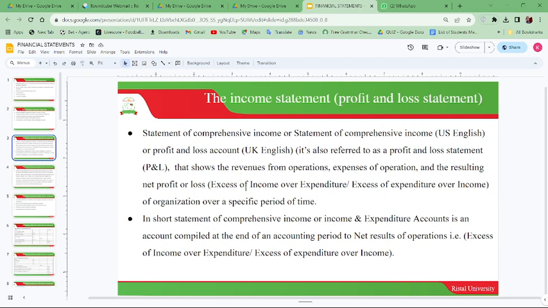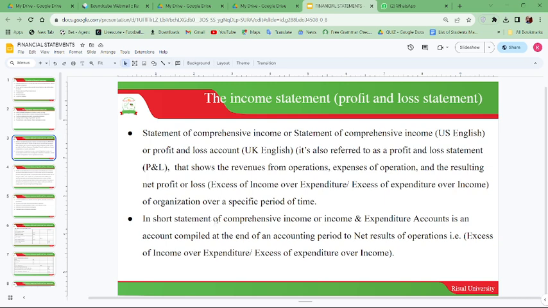The excess of income over expenditure is profit. A profit is the excess of income over expenditure: you have more income than expenses. The excess of expenditure over income is a loss: your expenses are more than the income, of an organization over a specific period of time.